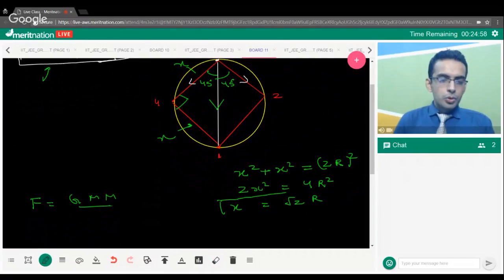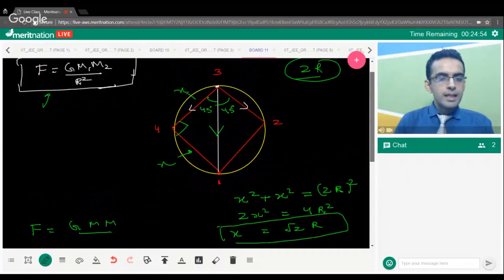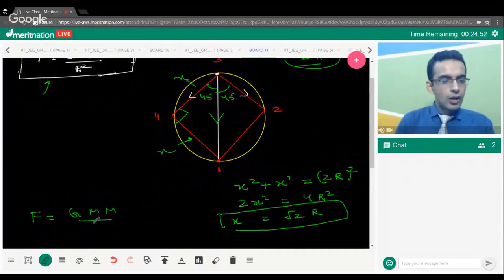So x is equal to root 2 r we have got. So what is the force between particles 3 and 4? It's equal to G m m by x square, that is, root 2 r whole square. So that is the force between particles 3 and 4.